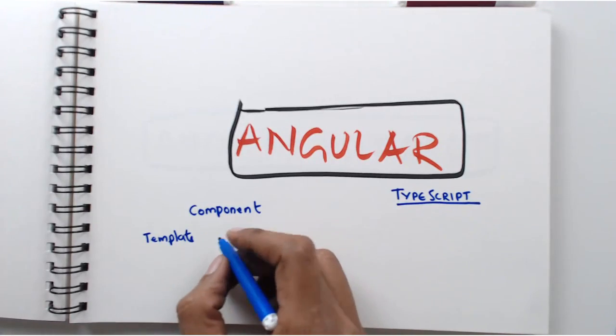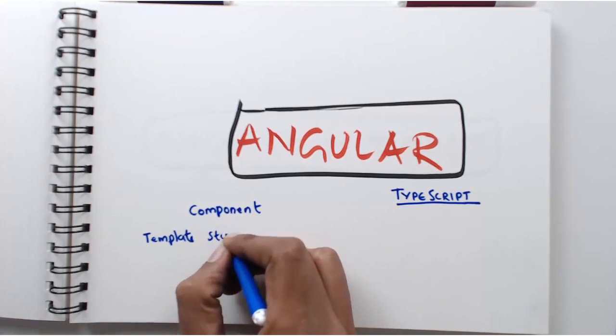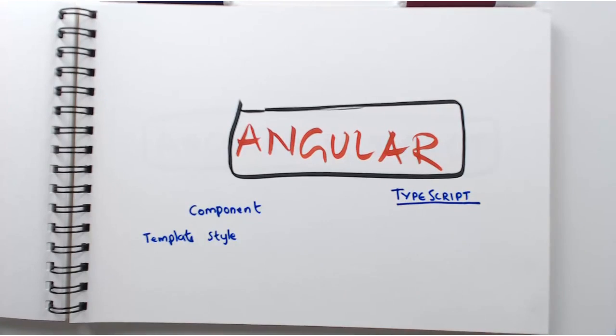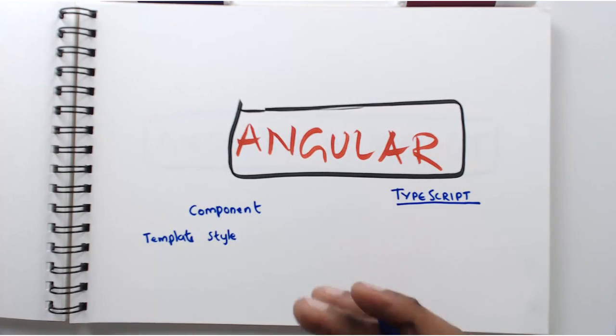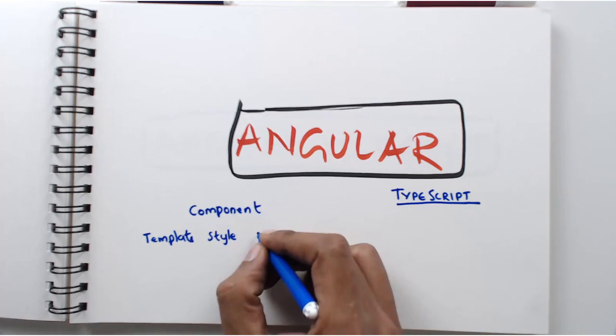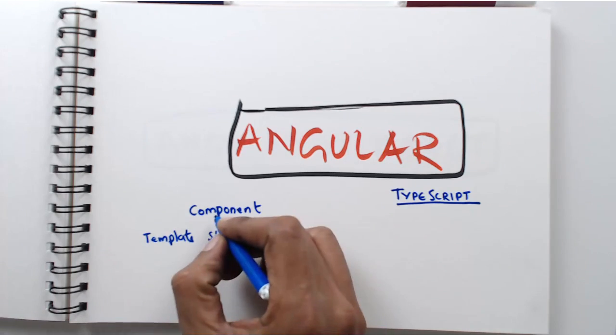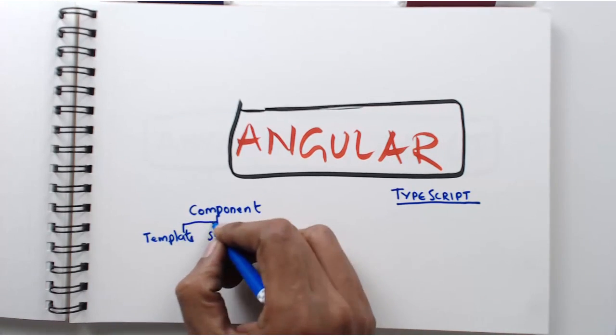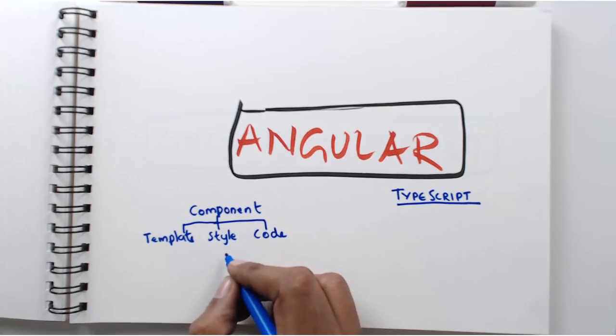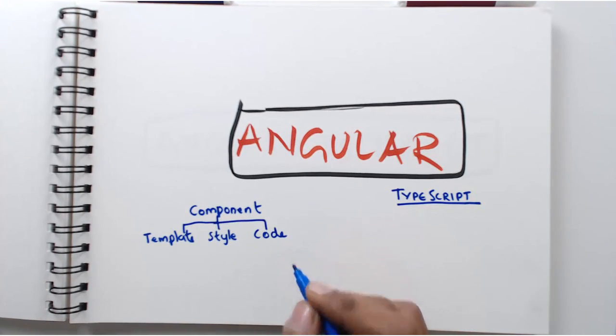They have a style: should the button be red? Should the box be yellow? All that kind of styling, CSS. And they contain business logic: how can I get data from the backend? Which element should the data be shown in? So each component has all these three things: template, style, and code.